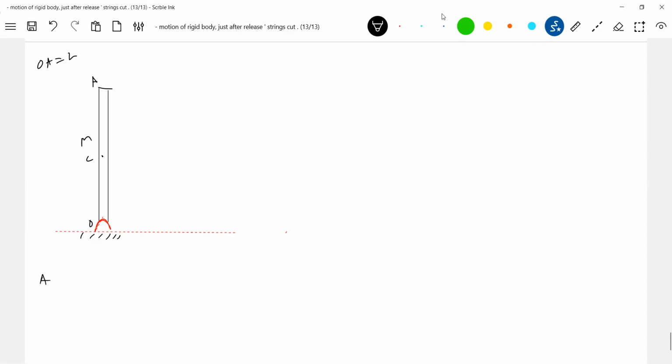Say a rod of mass M and length L is given a slight push and released from rest.